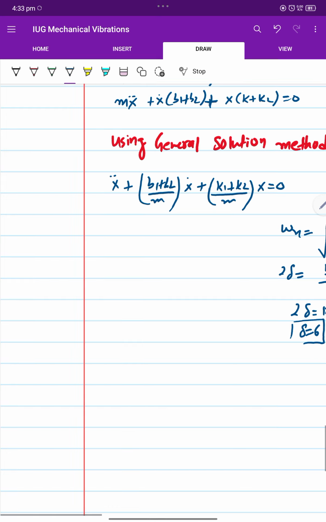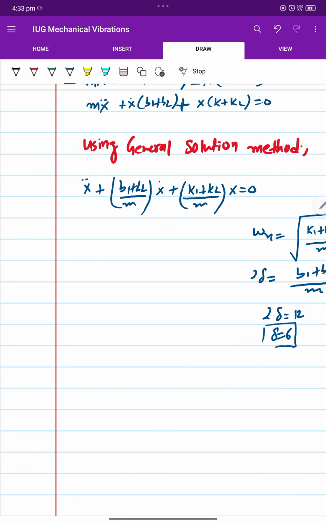Now using the general solution method of a differential equation, where x equals c e to the power lambda t, I'm not going to repeat all those steps, you know very well, we have discussed this in the previous lecture. You take the single derivative, then the double derivative of the same, and then substitute in equation a, and after that you will have a trivial solution and a non-trivial solution.